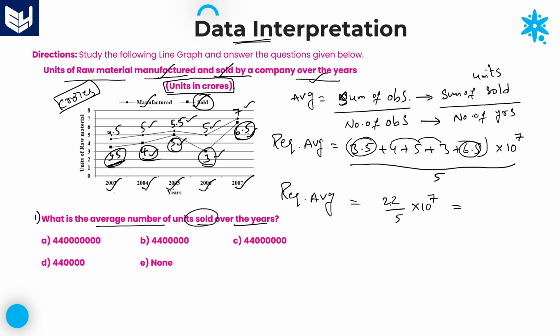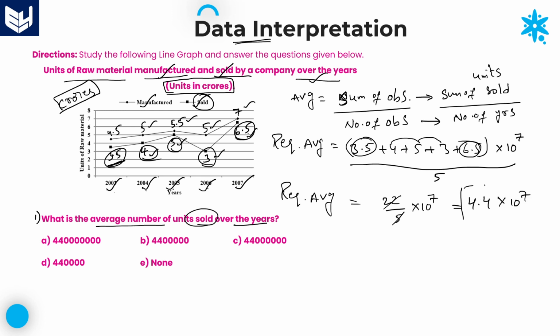First calculate 22 by 5. Here 22 by 5 you can do with the table of 4. 5 fours are 20, still 2 is left over. You can keep the decimal point over there. Again 5 fours are 20, so it is 4.4 into 10 to the power of 7.